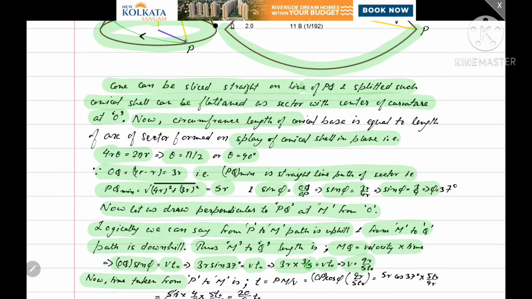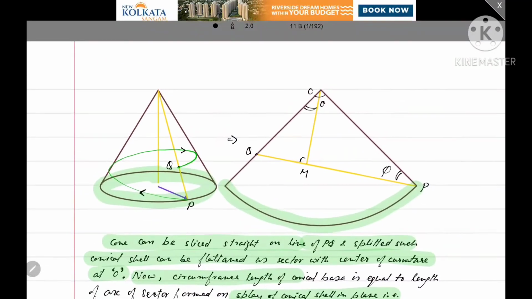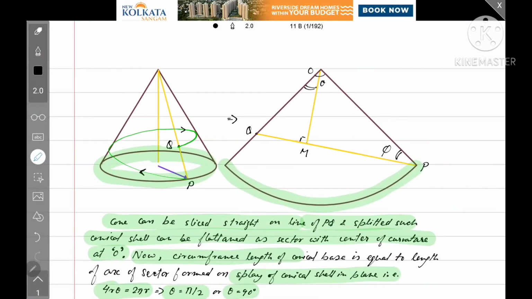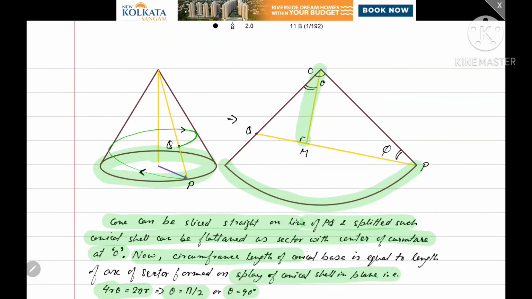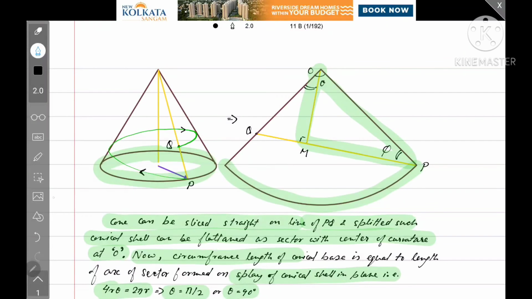Now time taken from P to M, how we can calculate? Speed is same. Then T is equal to PM by V, that is distance by speed. Now let us come to next triangle. Which triangle? This triangle is OMP. In this triangle hypotenuse is OP, base angle is phi.